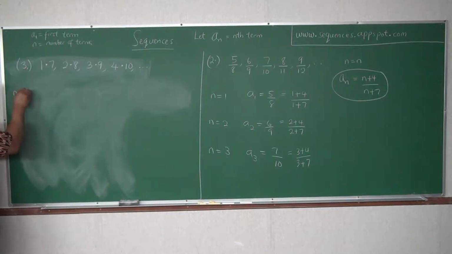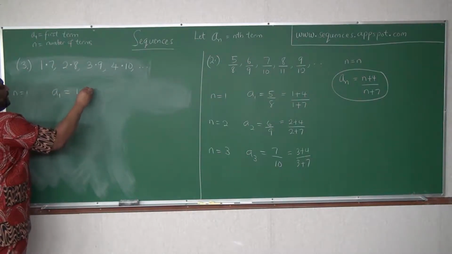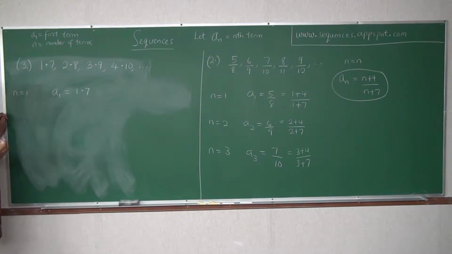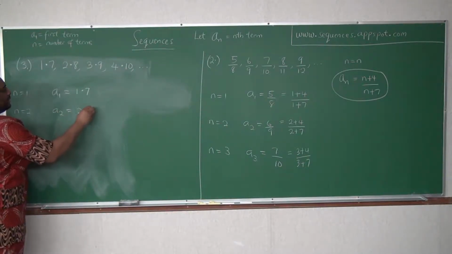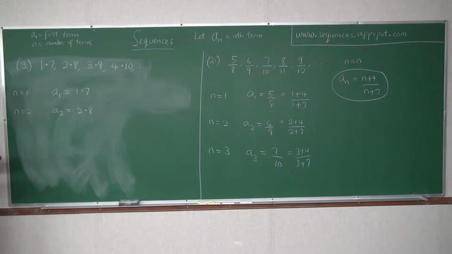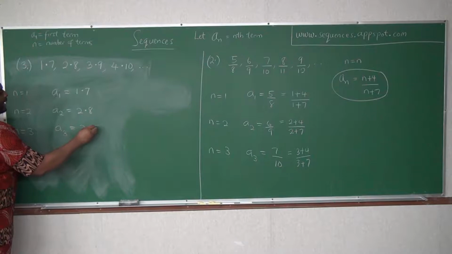When n is 1, the first term a1 is 1 times 7. When n is 2, a2, the second term, is 2 times 8. When n is 3, the third term is 3 times 9.